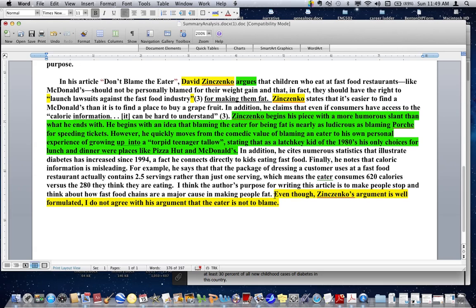Even though Zinczenko's argument is well formulated, I do not agree with his argument that the eater is not to blame. You have a statement here that will then lead us into the rest of your response. The rest of your response will support why you don't agree with his point, and you'll use textual support.